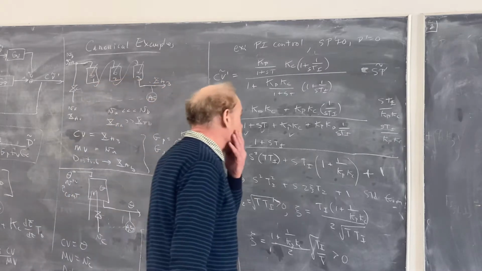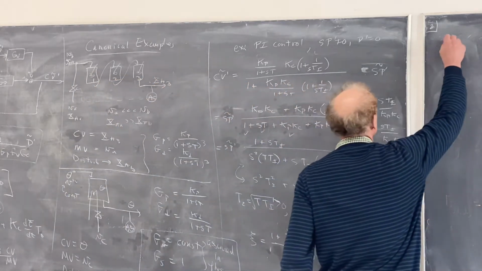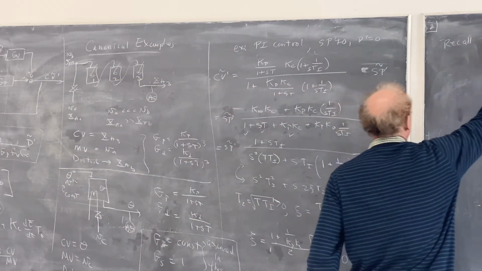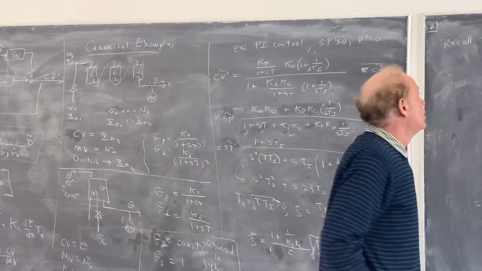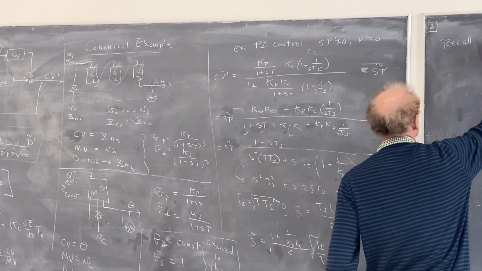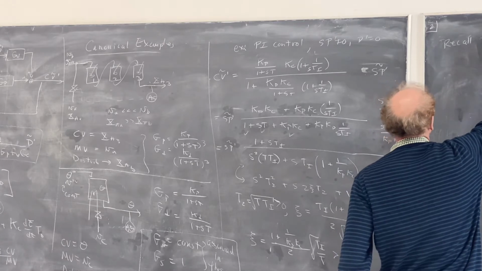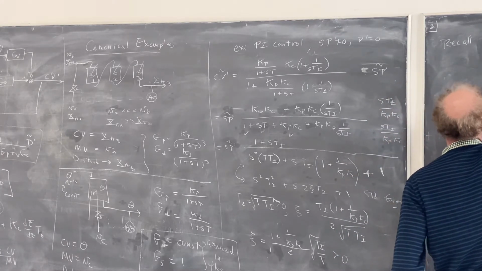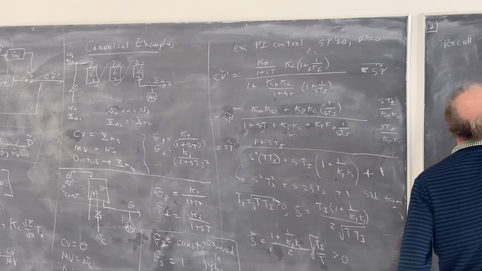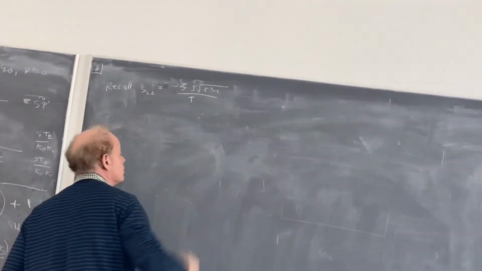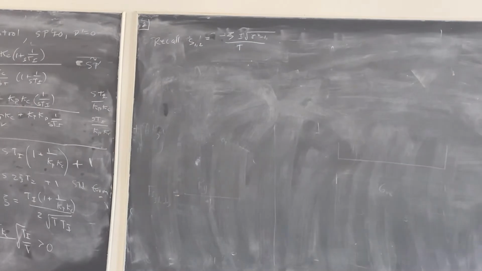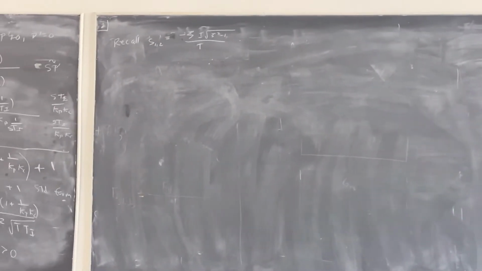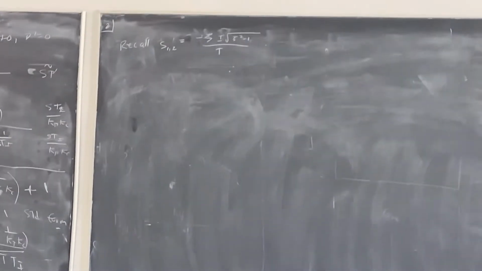So let's recall the general form that the roots S1,2 were equal to minus C plus or minus the square root of C squared minus 1, over T2.